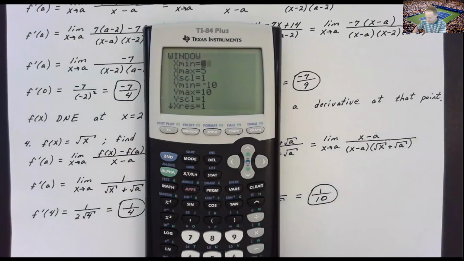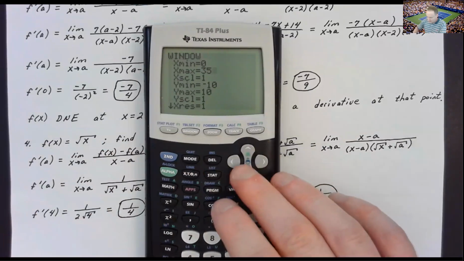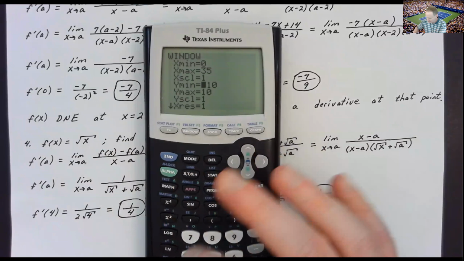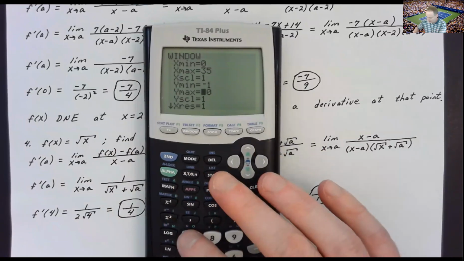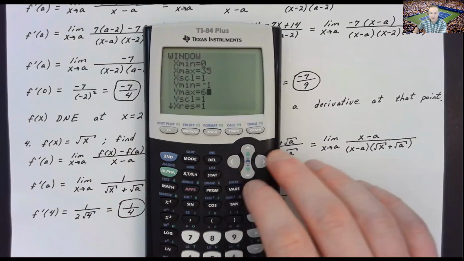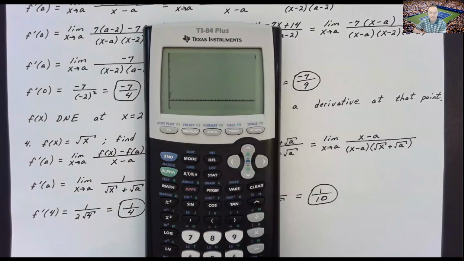Let me go from 0 to 35, and then for our y values, just to see the x-axis in there, I'll go -1 up to a value of 6. This should be fine. So here's my square root function. Now, whenever we're taking the derivative, we're finding the instantaneous rate of change of the curve at that point in time.